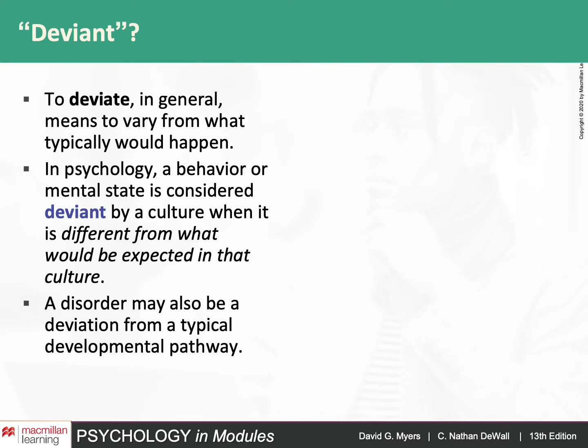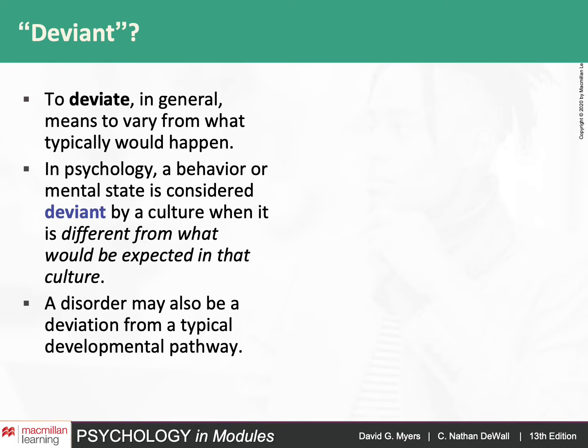Okay, to deviate in general means to vary from what we would expect to typically happen, right? So in psychology, a behavior or mental state is considered deviant by the particular culture that one subscribes to, right? So we say that a behavior or mental state is deviant when it's different from what would be expected in that culture.